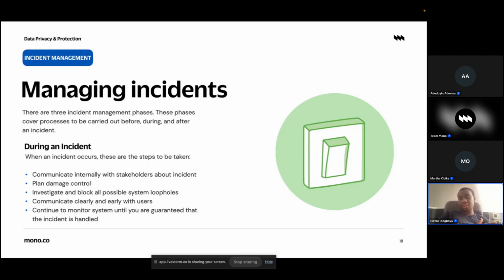If it's about pulling a lot of data, that person can continue to pull that data until it's done pulling and deleting all the data. So even when you put those mitigation steps in place, in the incident management process or the damage control process you decide to take, you need to make sure that the implementation is working as you have deployed it. So let me give a very basic example.